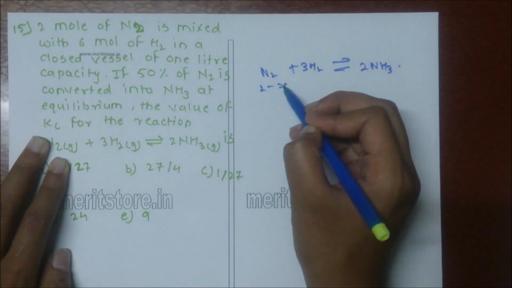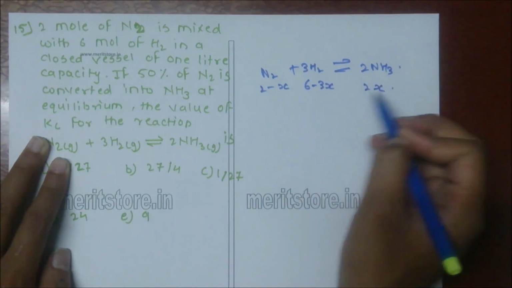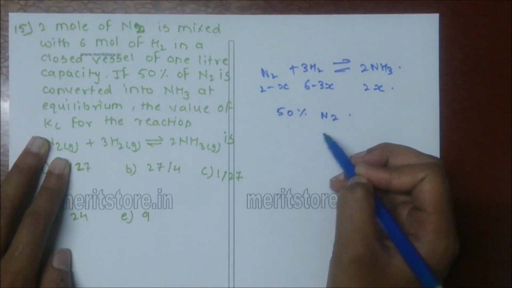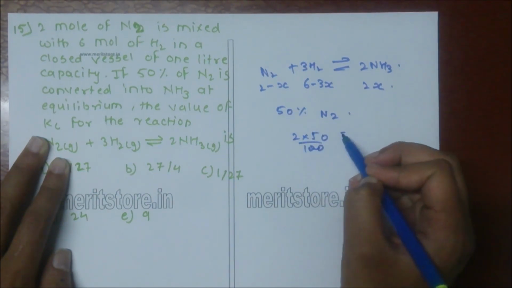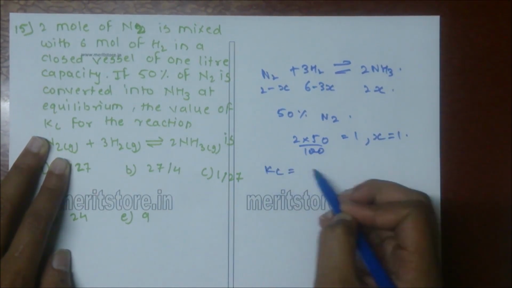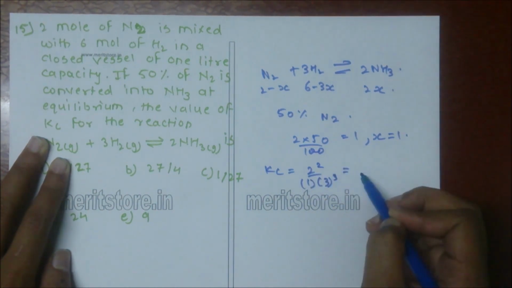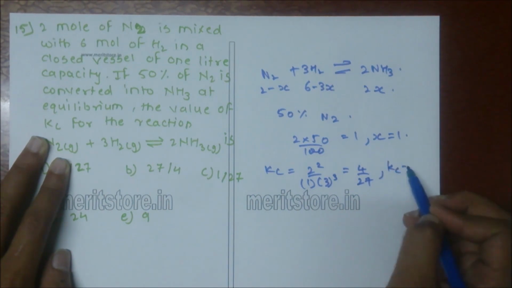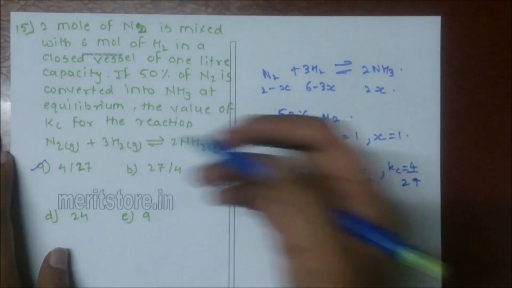So 2 minus x, 6 minus 3x and 2x. 50% dissociation of nitrogen takes place. So at equilibrium, 2 into 50 upon 100 is equal to 1. So x is equal to 1. Kc is equal to 2 square upon 1 into 3 cube. So Kc is equal to 4 upon 27. So option A is the correct answer.